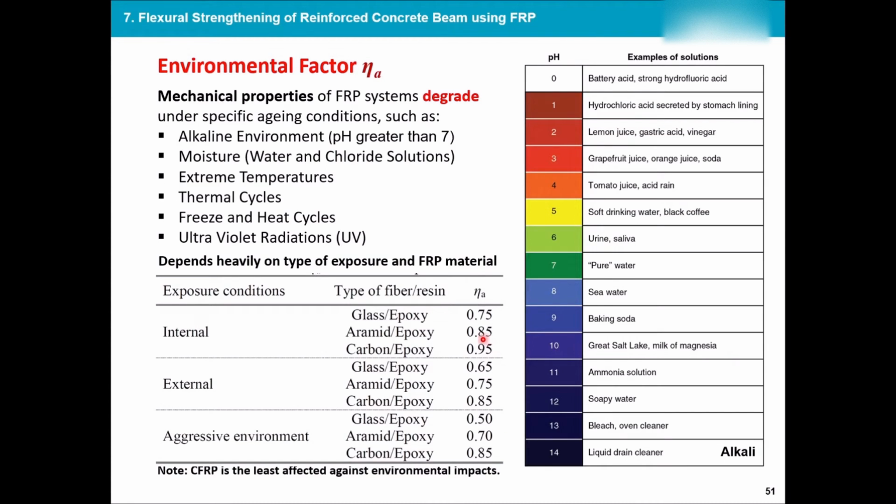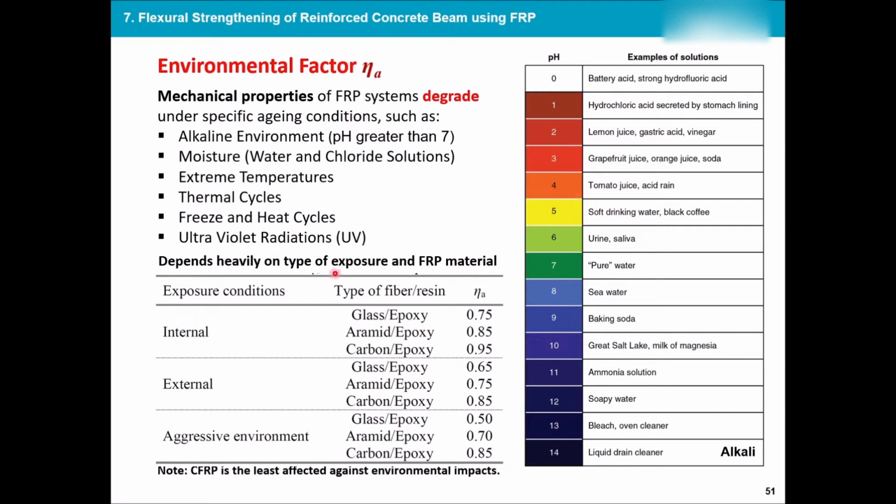Look at this. Depending on which material you're using and whether you're internal or external, the environmental factor is generally different. When you're applying it internally, the FRP is less exposed to environmental factors like moisture, alkali environment, which is whenever the pH is greater than 7, like seawater, which happens a lot, extreme temperatures, thermal cycles, freeze and heat cycles, and UV light.